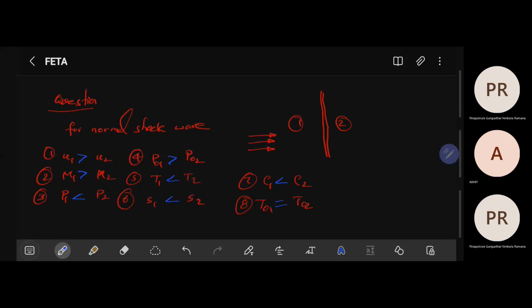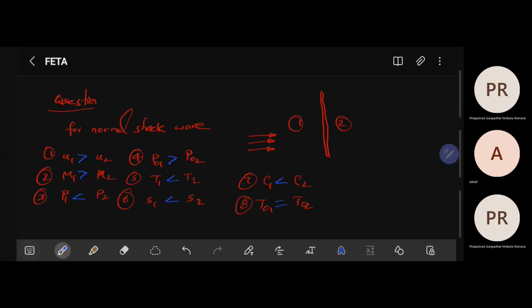We are talking only about that kind of perfect gas, and if that gas is facing a normal shock, generated by some means like a shock tube, then across the shock wave it is approximated, for generating these relations, that the flow is adiabatic but not isentropic.